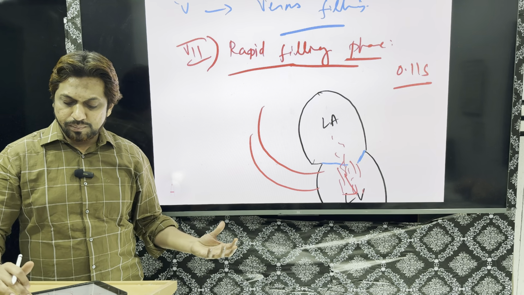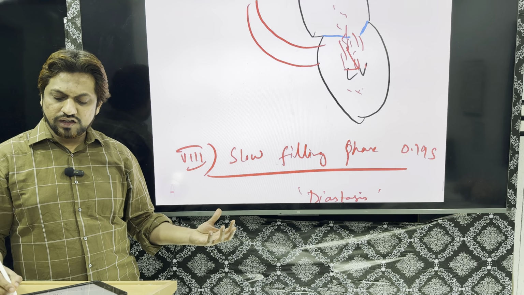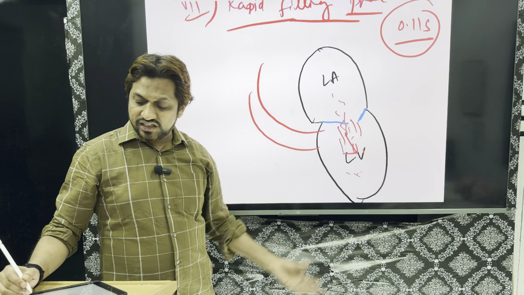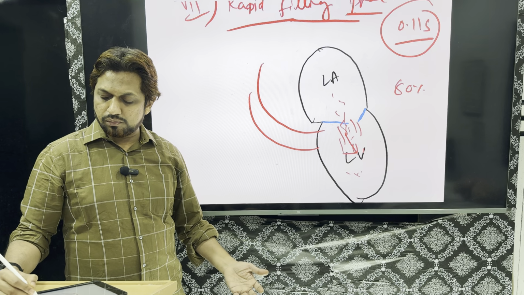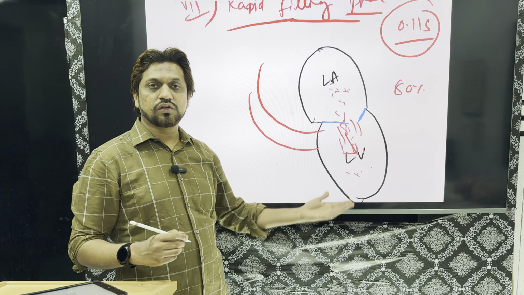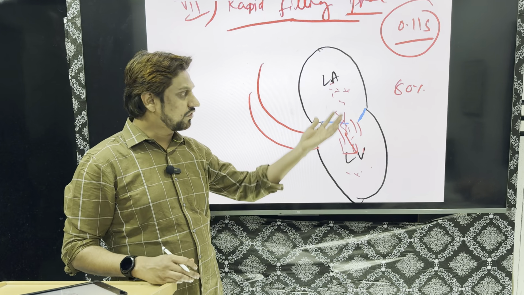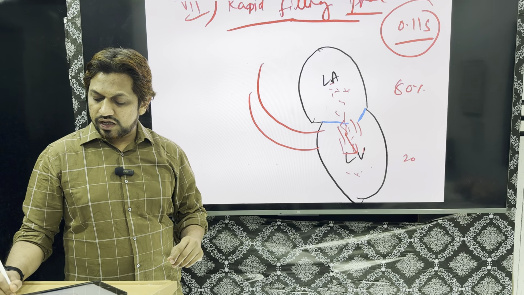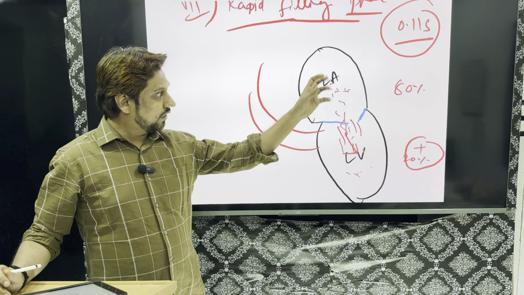During the rapid and slow filling phases, around 0.3 second in total, around 80% of the blood collected in the atria is pumped to the ventricles without any atrial contraction. During atrial contraction, only 20% extra blood is ejected.